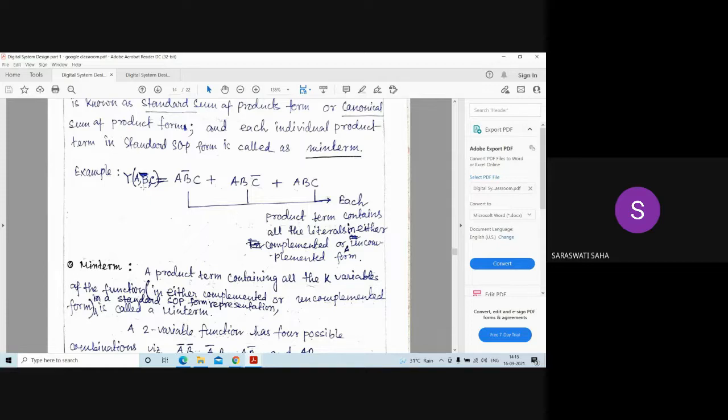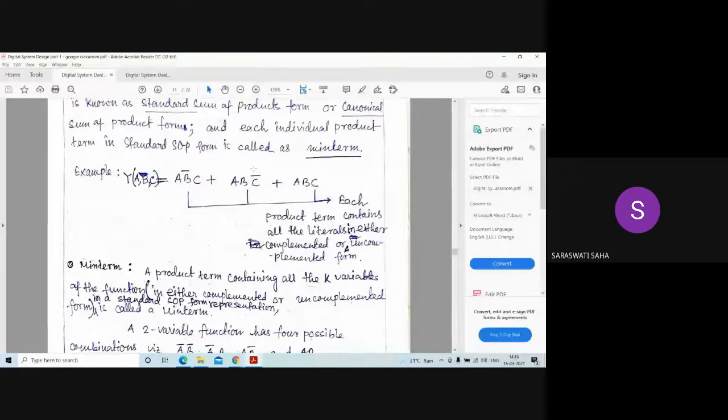Suppose the output expression is a function of ABC, obviously ABC are the 3 input variables of a digital circuit. Now see the output expression. Here it is a product term. But in each product term, all the input variables, that is ABC, are present either in normal form or in its complement form.